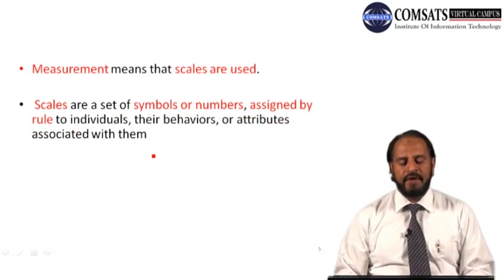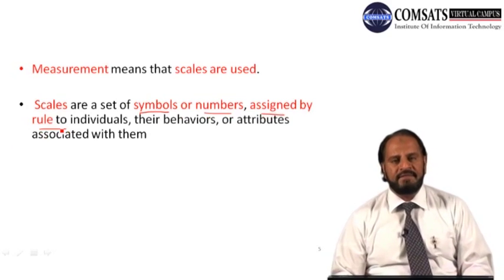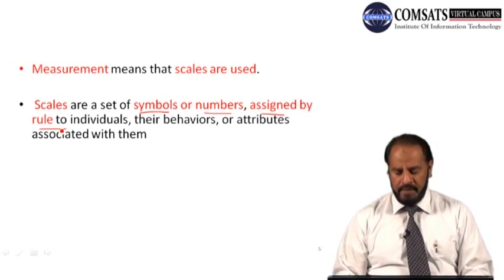So when we say measurement, it means we are using scales to measure a particular variable. To synthesize the definition, scales are numbers or symbols assigned to certain variables according to a certain set of rules.